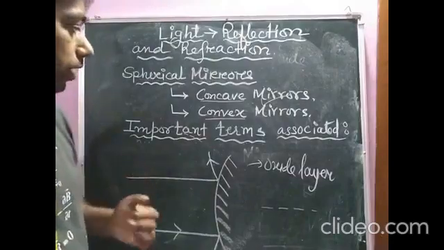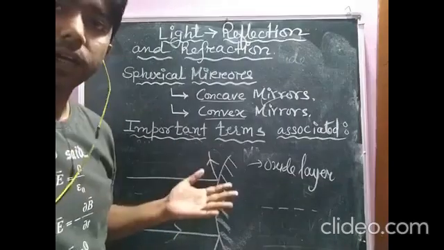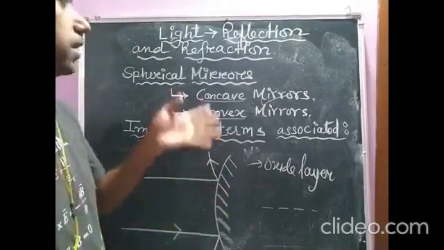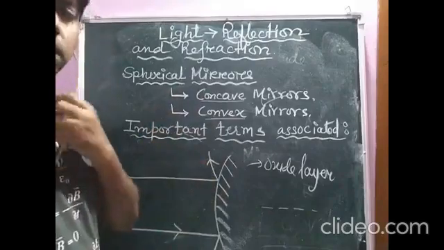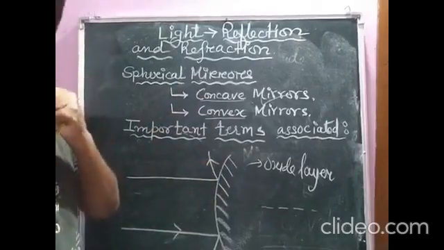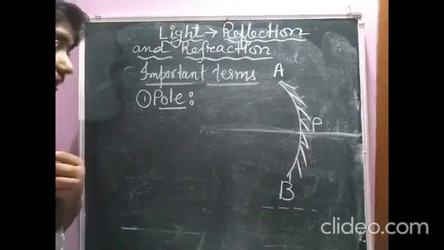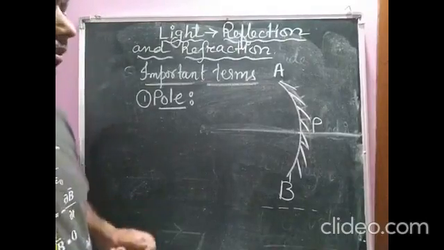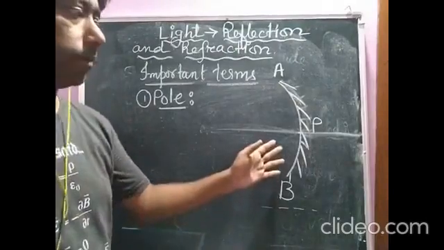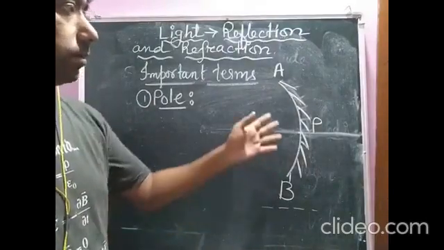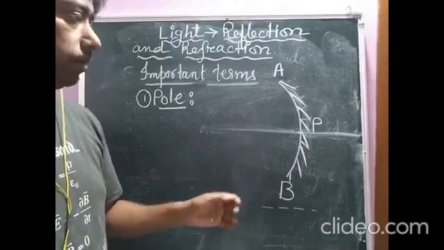Today our main important topic is some important terms that are associated with the study of spherical mirrors. In this diagram, I have drawn a representation of a concave mirror.